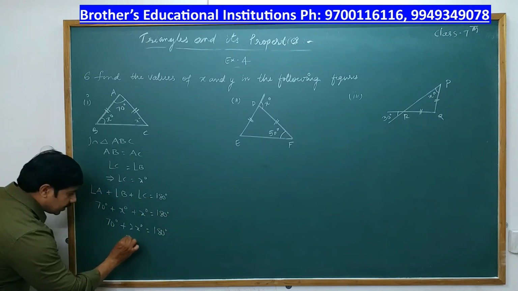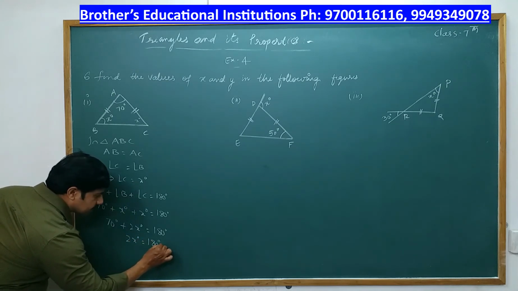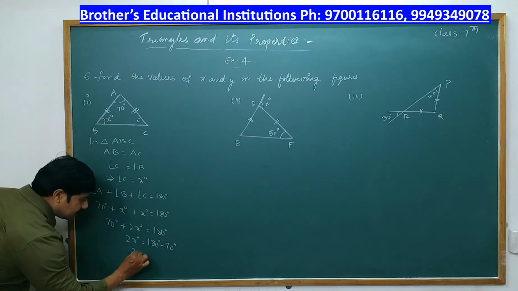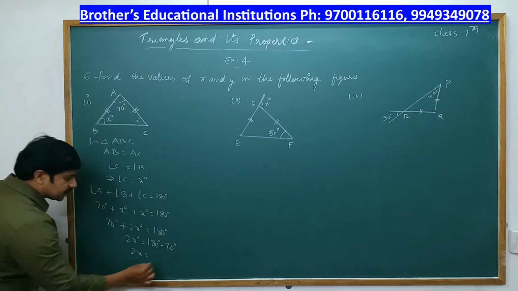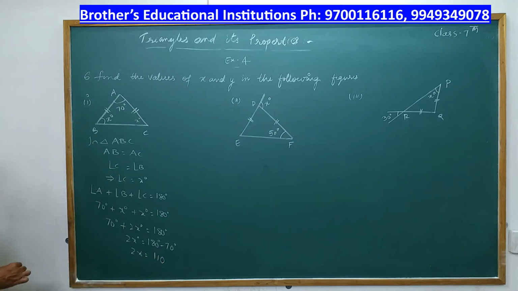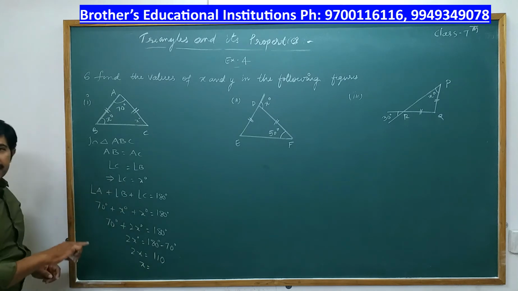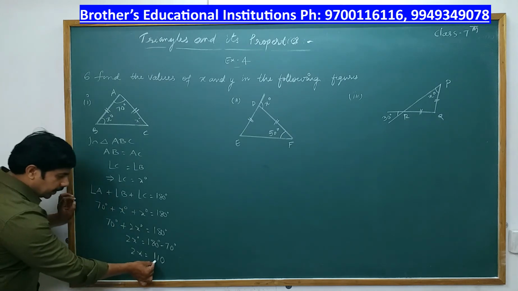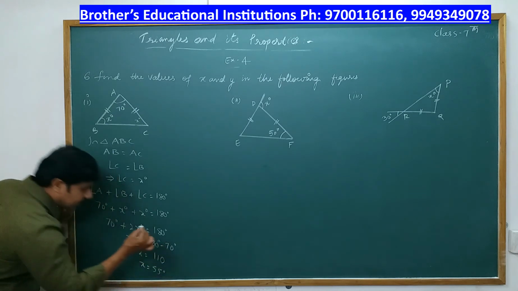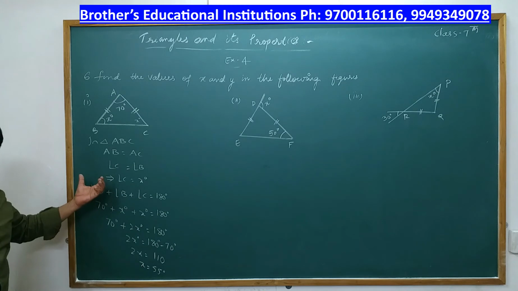So 2x is equal to 180 minus 70, which is 110 degrees. So x is equal to 110 by 2, which is nothing but 55 degrees. So the x value is 55. So this problem is completed.